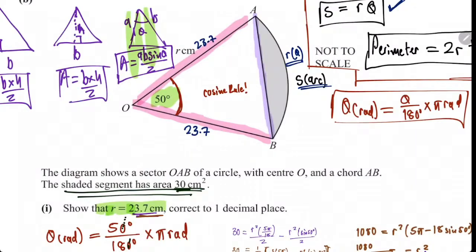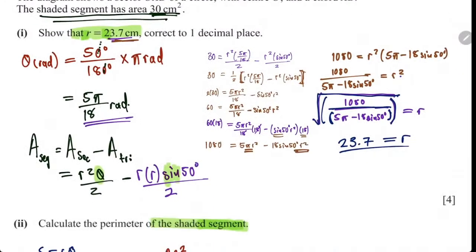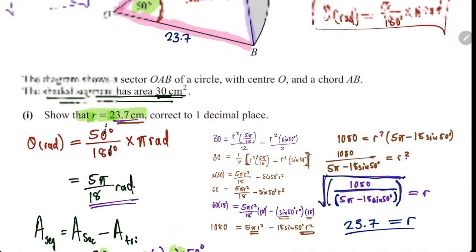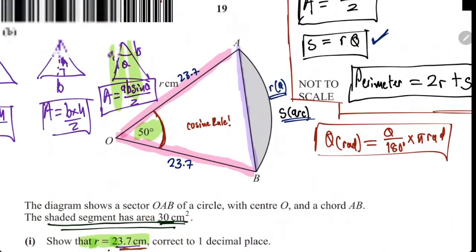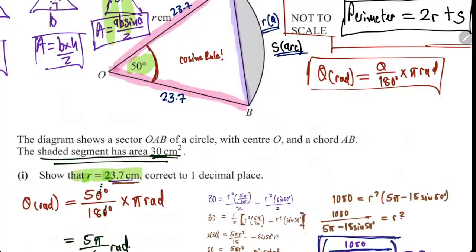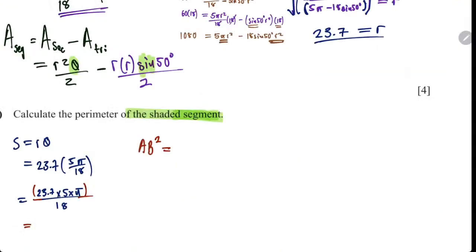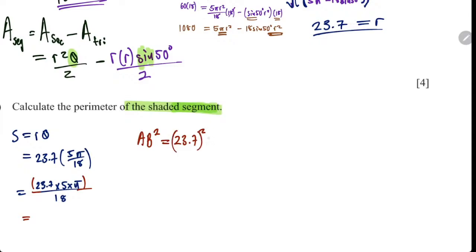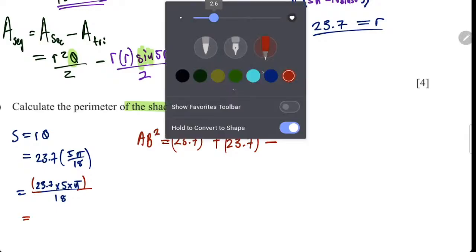We make it squared, and we make it be equal to the other two sides squared as well, like Pythagoras theorem. Okay, the other two sides squared, and they should be adding. Okay, so it will be 23.7 squared plus the other one. In this case they are equal, but in some cases they are not. 23.7 squared as well. Then where it becomes different from Pythagoras theorem is you now say minus. Okay, after putting it, you now say minus.